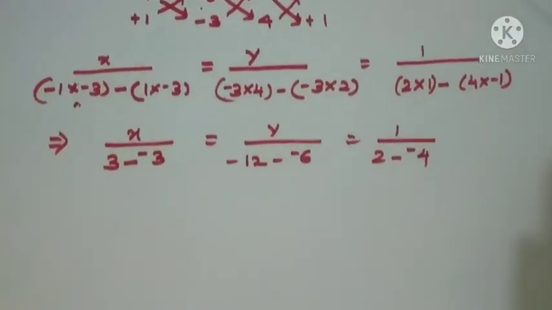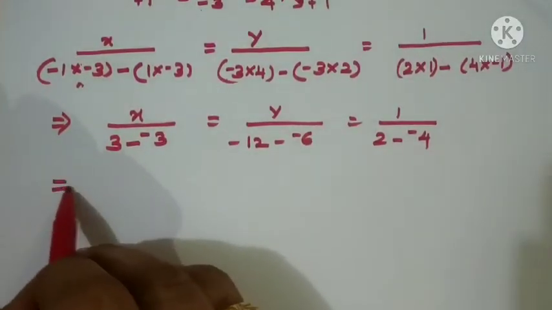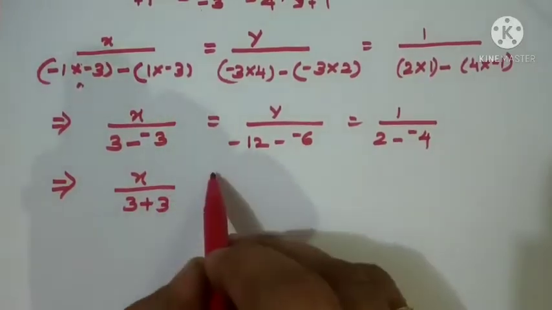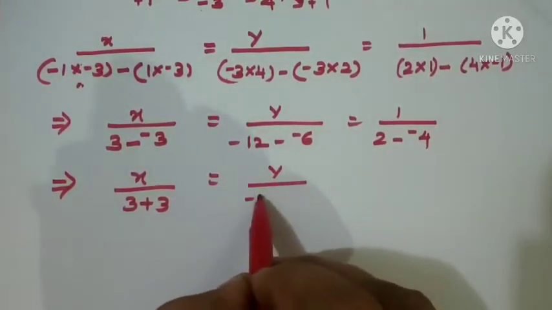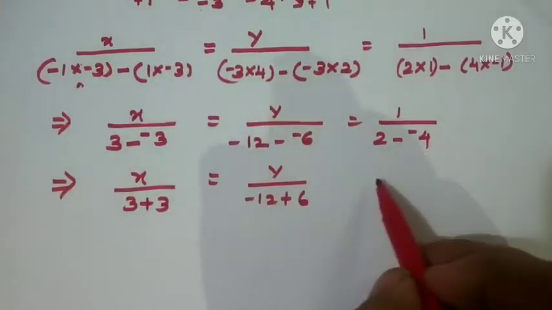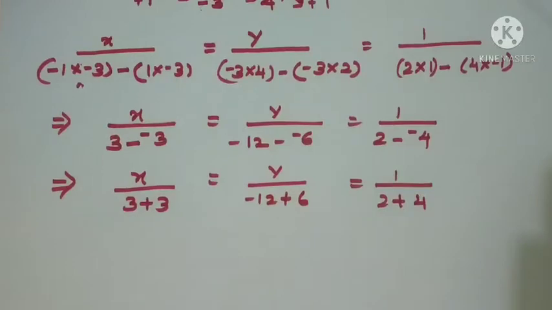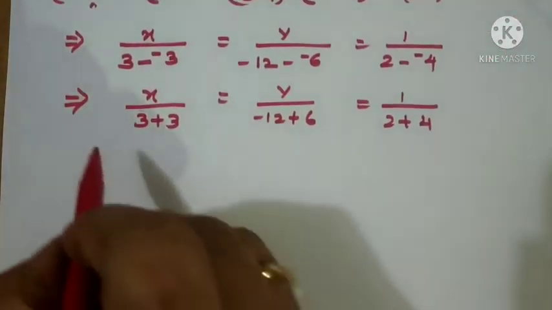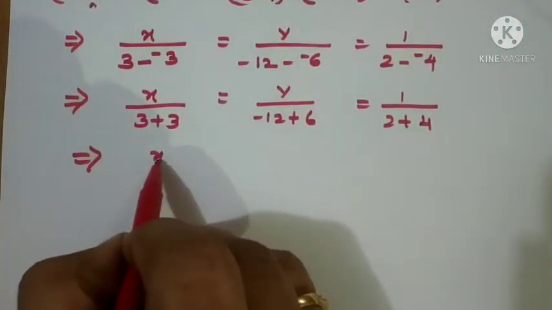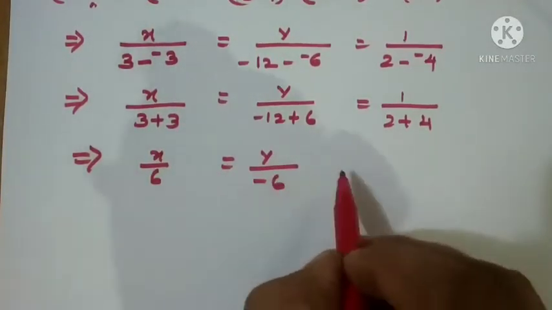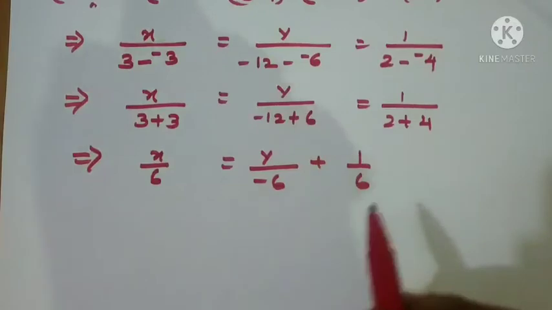So we have simplified, again simplification required. So x divided by 3 plus 3, y divided by −12 plus 6, 1 divided by 2 plus 4. What is the answer now? x divided by 6, y divided by −6, 1 divided by 6.